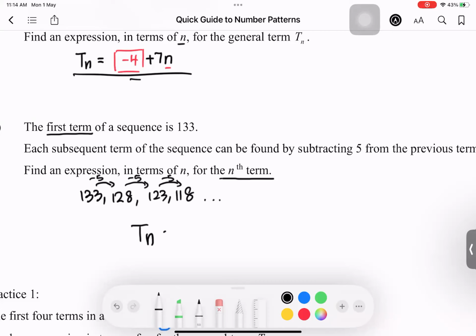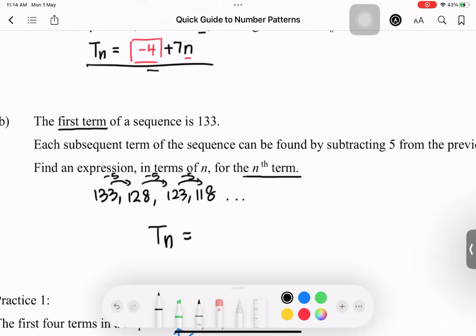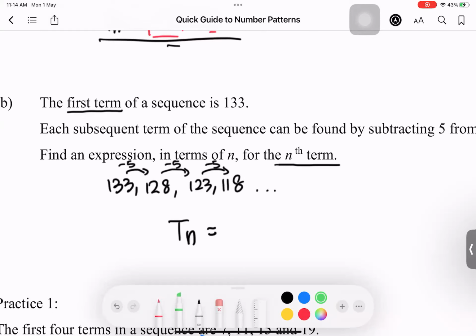So Tn equals to, if this is minus 5, minus 5, minus 5 all the way, my formula over here will have minus 5n. But I need to check: when I put n equals to 1, this one minus 5, the number here is 133, it's not correct.